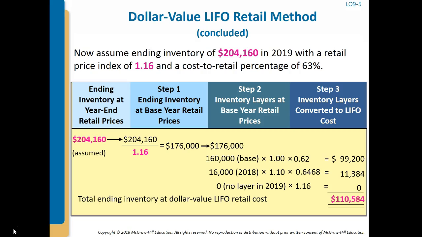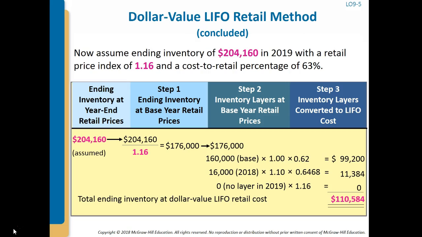Step 1 converts the ending inventory to a base year price of $176,000, which is $204,160 divided by 1.16. Recall from the prior example that ending inventory in 2018 at base year prices was $180,000.